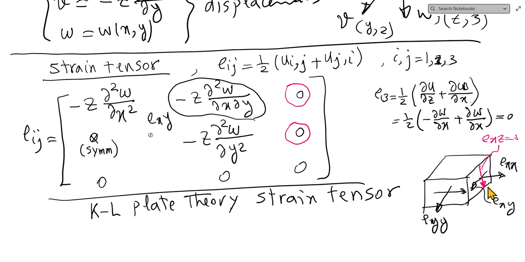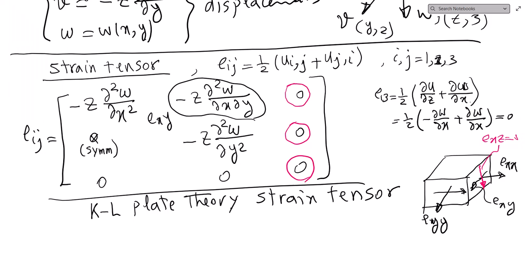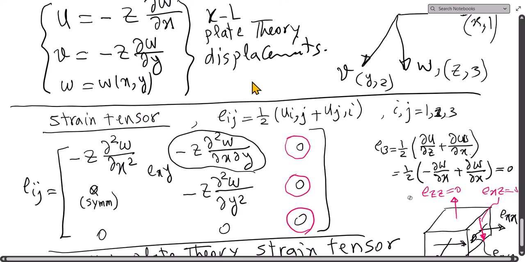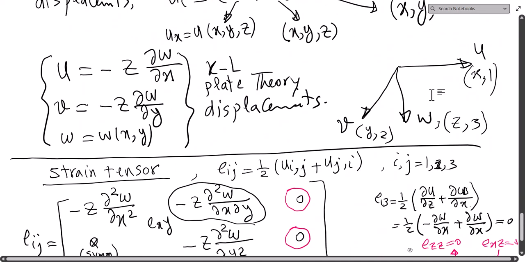Another thing is that this is also 0. I'm referring to our assumed coordinate system that's shown here, x, y, and z.